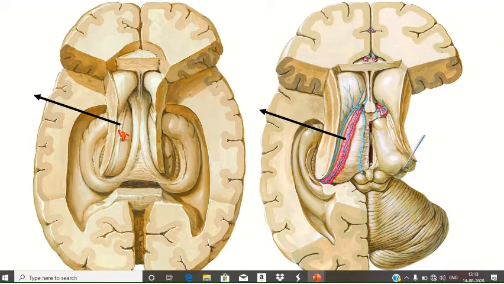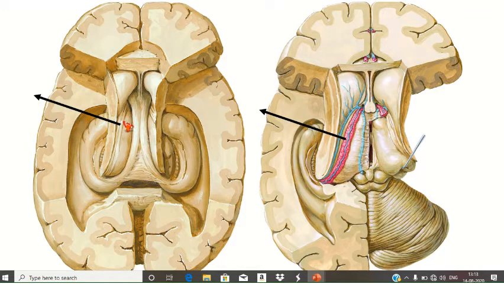Medially, the upper surface is separated from the medial surface by a thickening of the ependymal roof of the third ventricle known as the taenia thalami. Then dorsomedially, the upper surface is accompanied by thin nerve fibers called the stria medullaris.